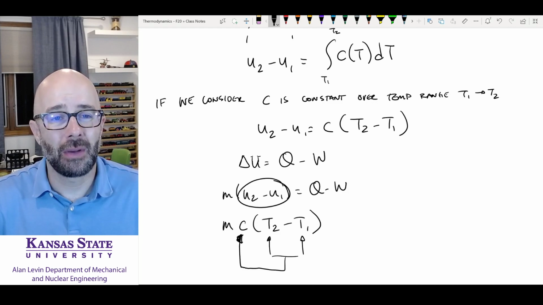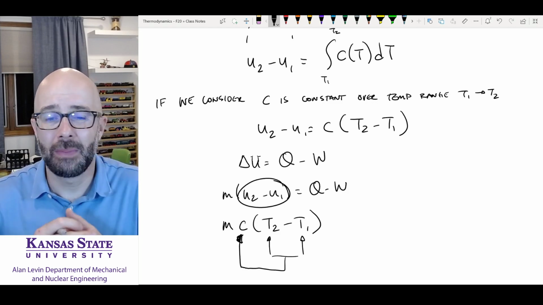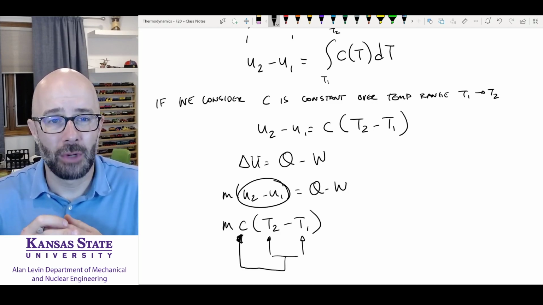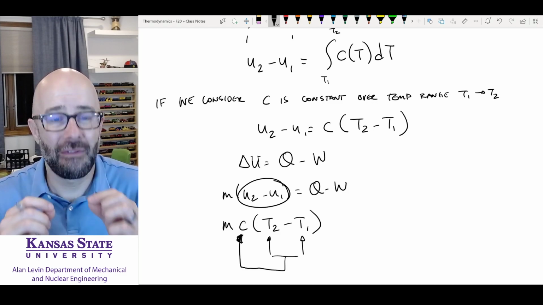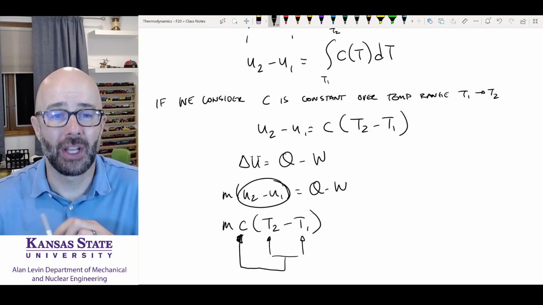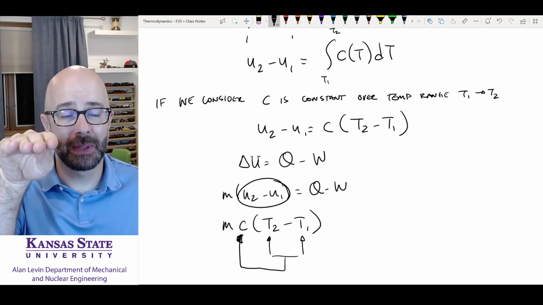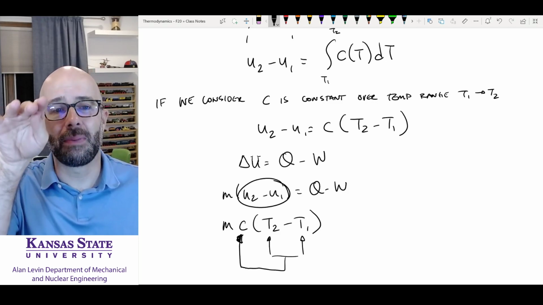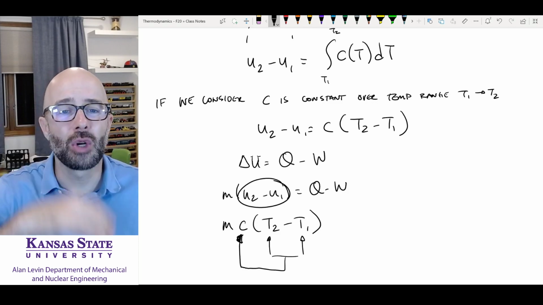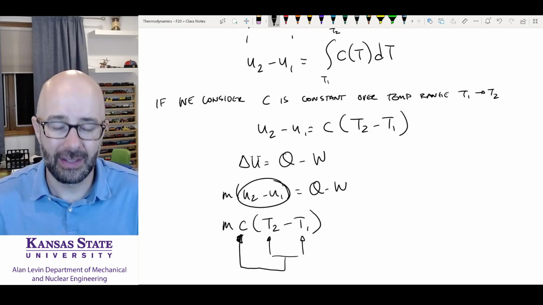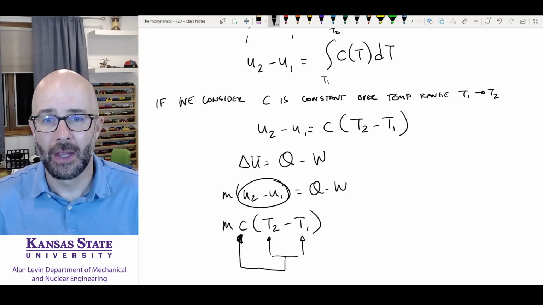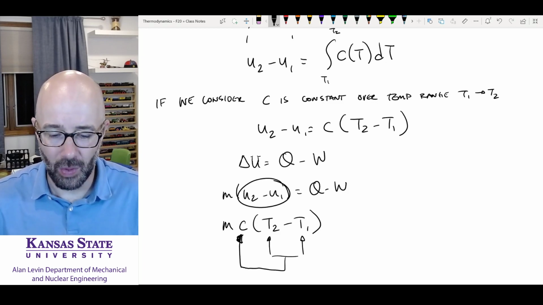But a good method would be to look up your specific heat at the average temperature, right there smack dab in the middle. Assume that the average temperature is going to give you the average specific heat. You may move up and down a little bit off that, but that's going to give you a pretty good number as we're dealing with this model. So this is how we use it in the equation.